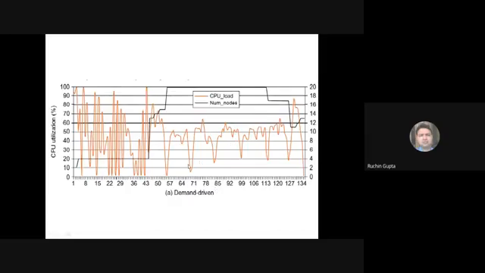You see a graph here. On the x-axis, you see the time in number of days, and on the y-axis, you see the CPU utilization percentage.